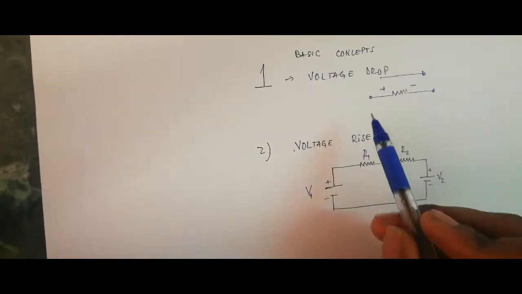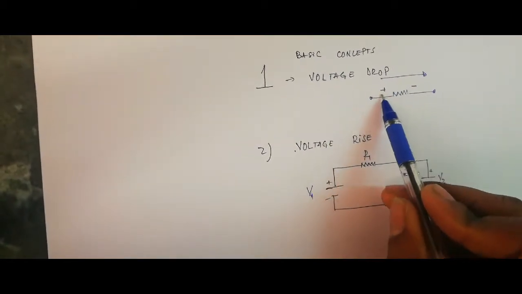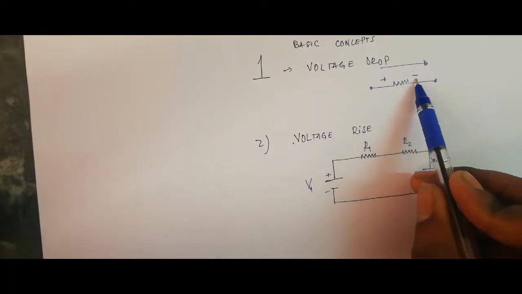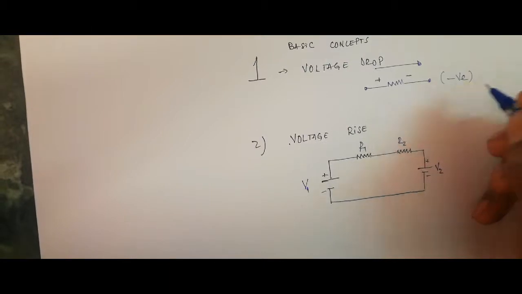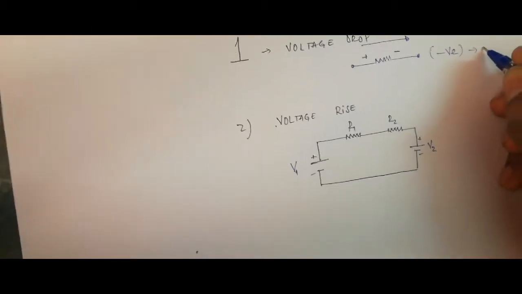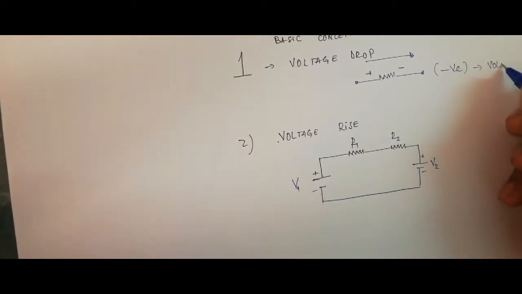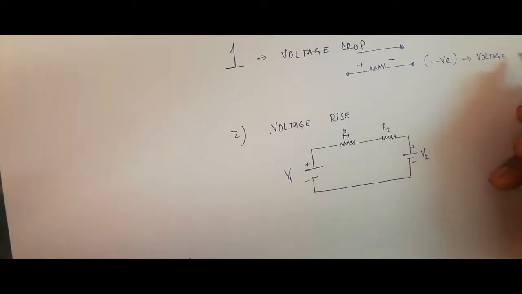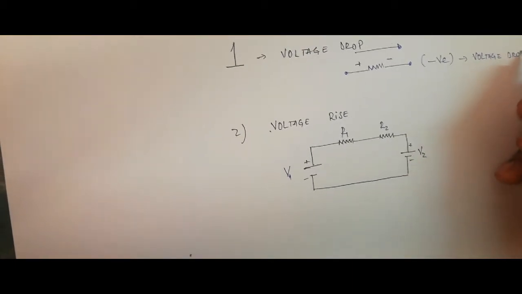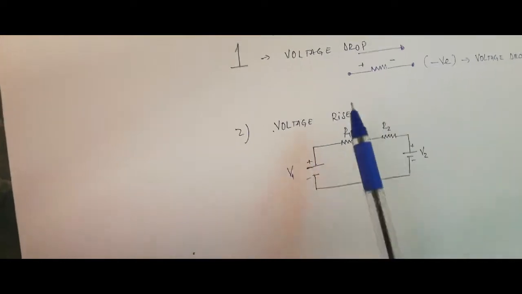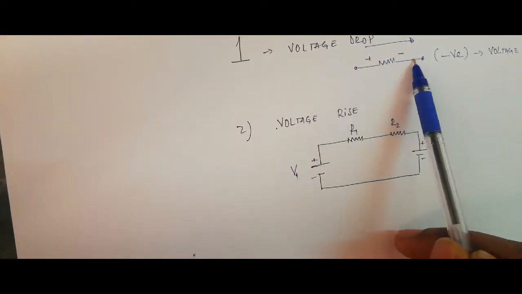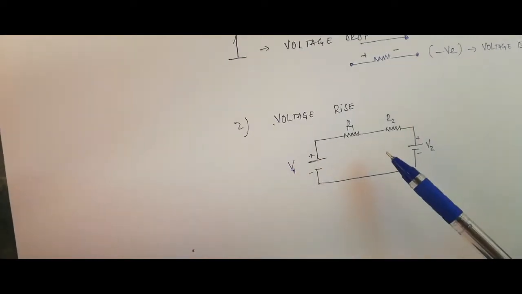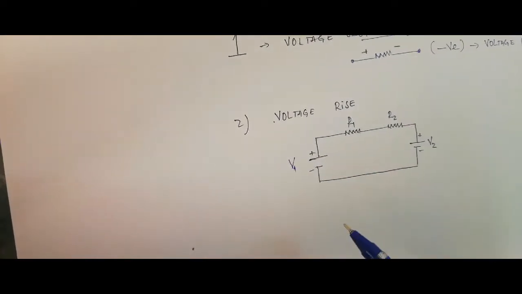Okay, so if it's coming from high potential to low potential, we will call it negative, and this is what we call voltage drop. Why is it a voltage drop? Because we are coming from high potential to a lower potential. That means that there is a drop in the voltage and the potential difference.